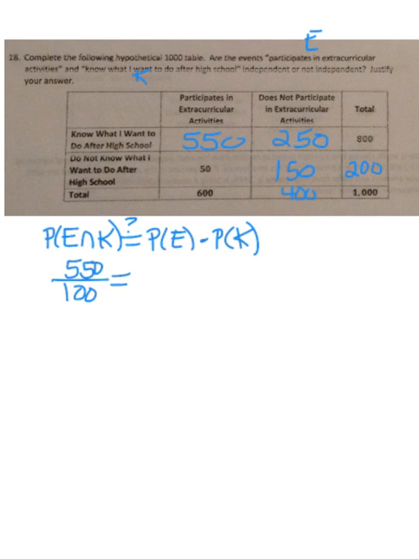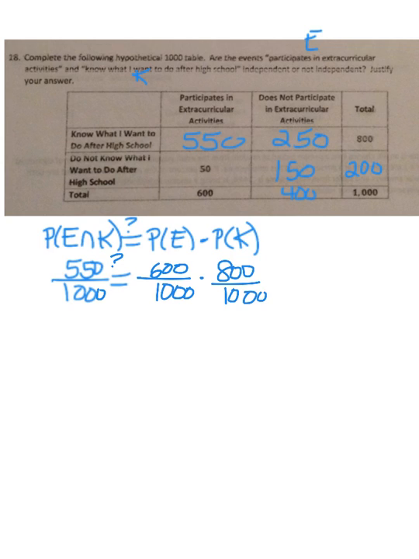Then the probability of extracurricular. That total is right here, 600 out of 1000. And then knowing what I want to do after high school, follow that out, and that will be 800 over 1000. I don't know if these are equal, so I'm going to put a question mark over my equal sign right now.